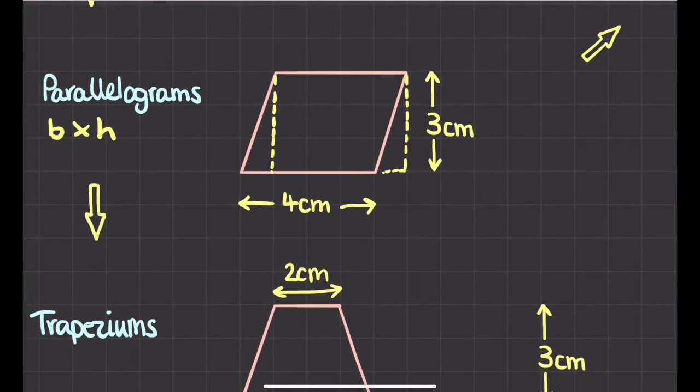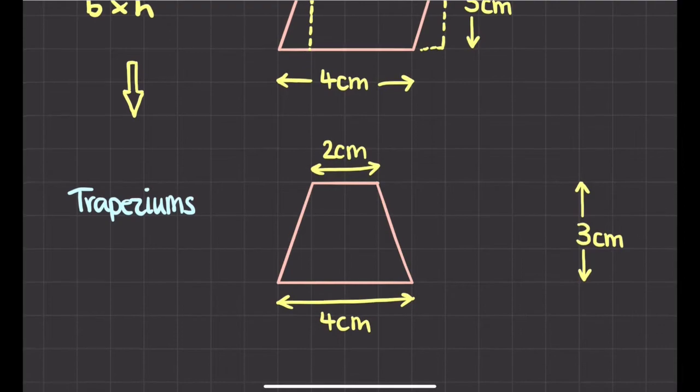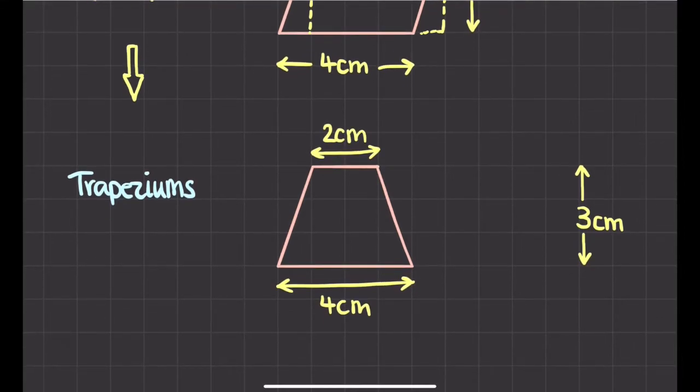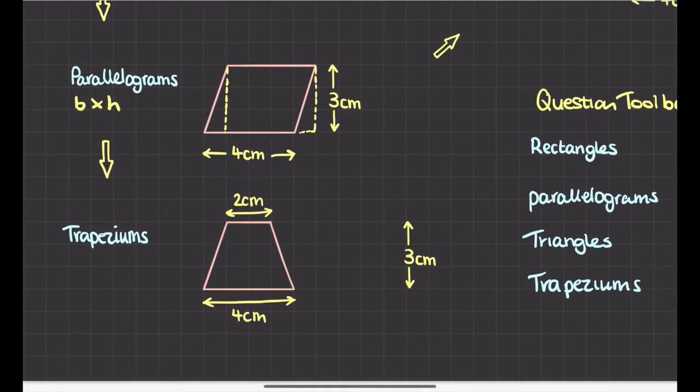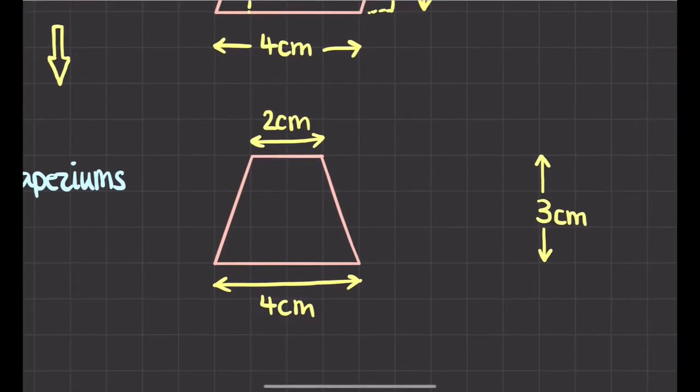Right. Moving on to the one that I really want to talk about, which is trapeziums. Now, this looks a little bit different, doesn't it? I've got one pair of parallel sides, and then 2 sides which aren't parallel. Now, what I could do if I had 2 of this shape, is flip one round and move it and make a parallelogram.